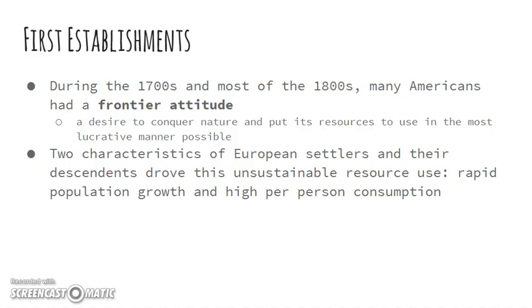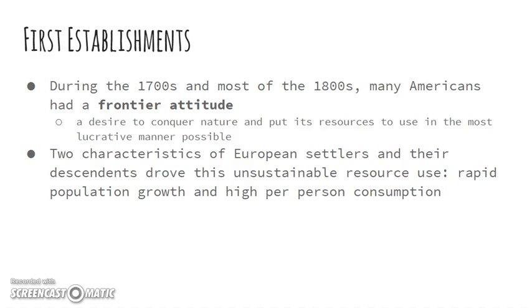So the first establishments during the 1700s and most of the 1800s, many of the Americans had a frontier attitude. Now remember, we've talked about this before. The frontier attitude, if you do not remember, is a desire to conquer nature and put its resources to use in the most lucrative manner possible. So two characteristics of this frontier attitude from our European settlers and their descendants made us have this unsustainable resource use.